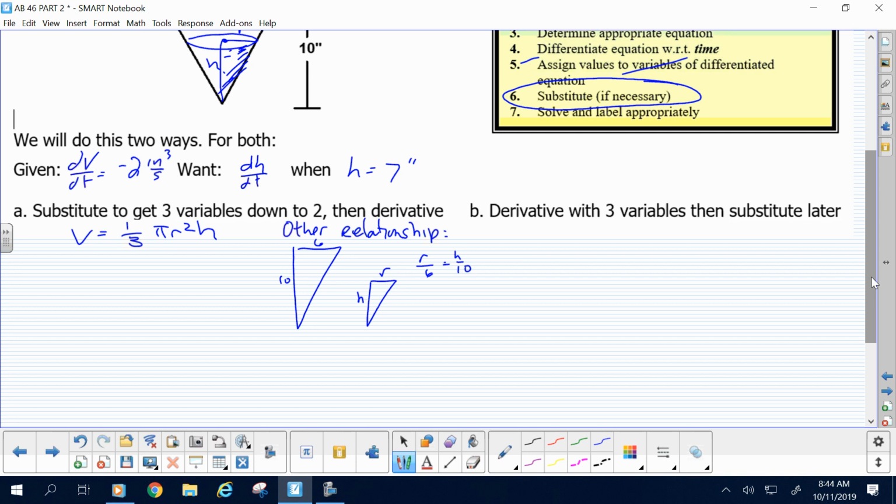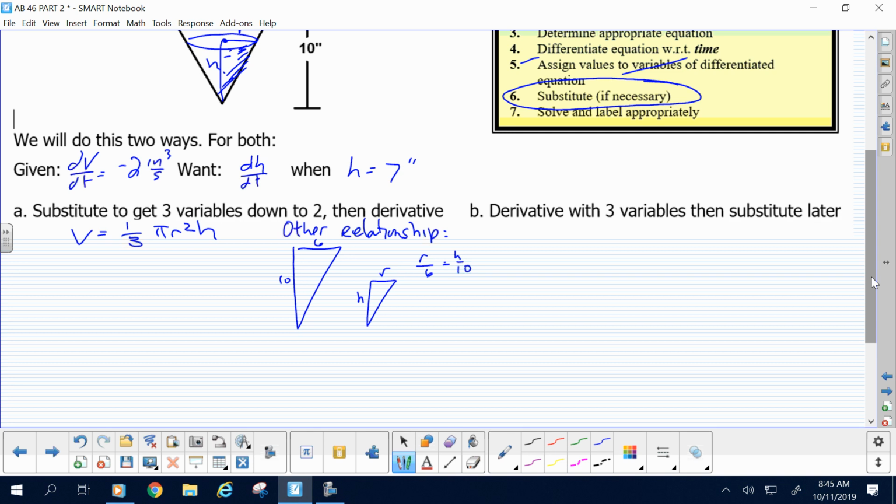Now it's up to me to either solve this for R so that I could put that in and make an all H-ish equation, or I could solve this for H and substitute in so the equation is all R-ish. Which should I do? Solve for R and make it all H-ish? Why?